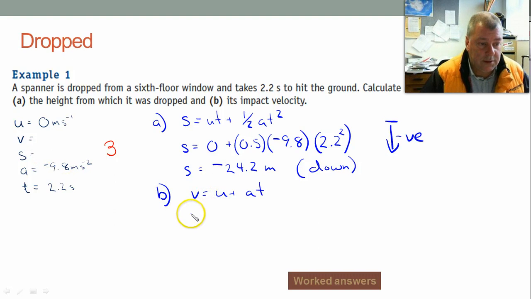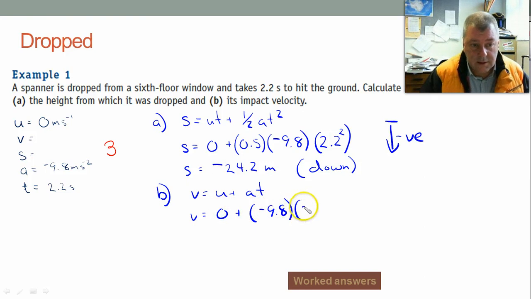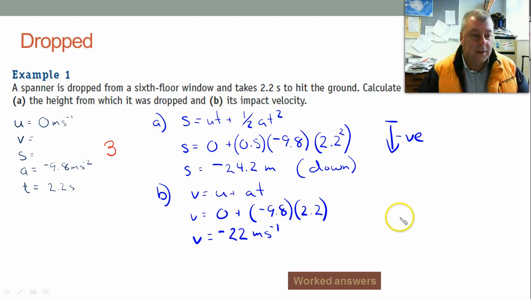This would be the simplest. v equals, putting in the numbers, again trying to get neat and tidy with our working, so that any examiner can see what we're doing. So I'm showing that I'm putting the numbers in the right place, and as a result of the minus there, we're going to get minus 22, and we put in the correct units, meters per second to the minus 1. So that's how we do that question.